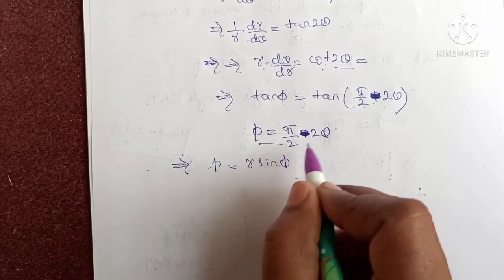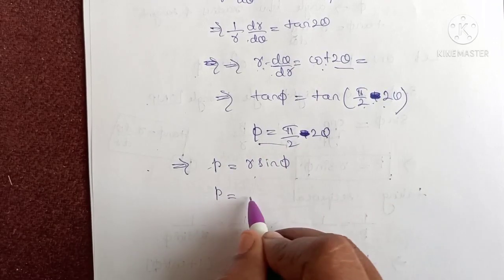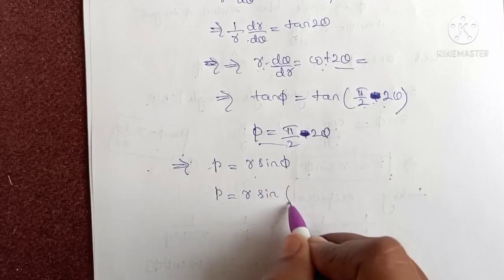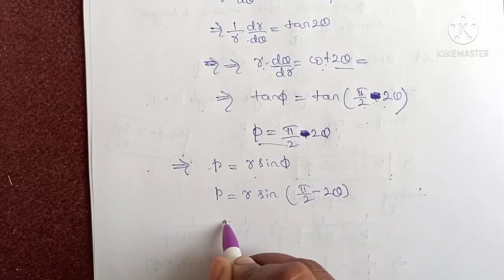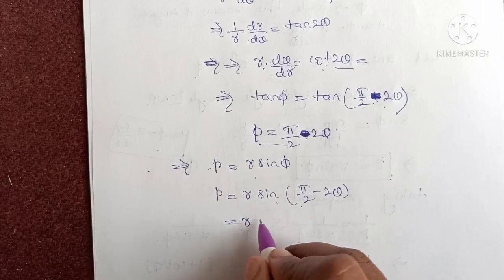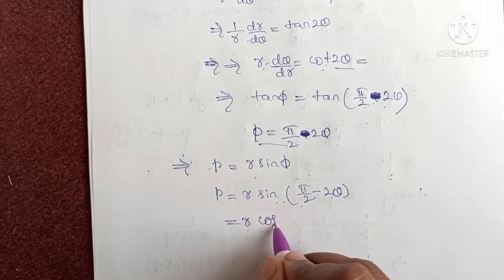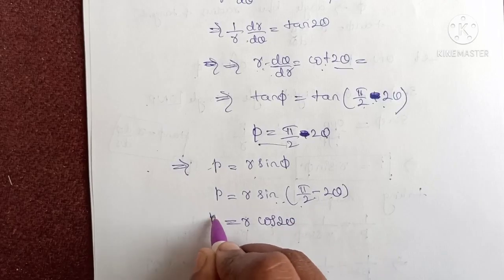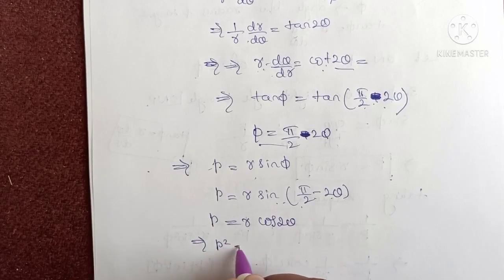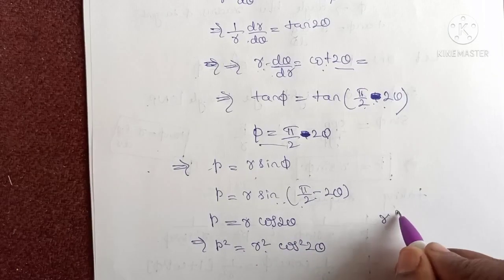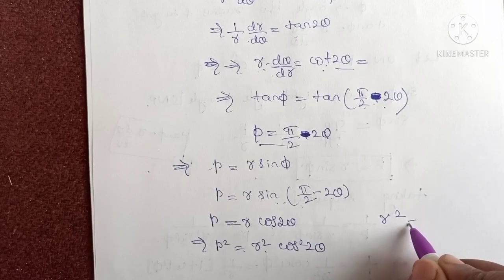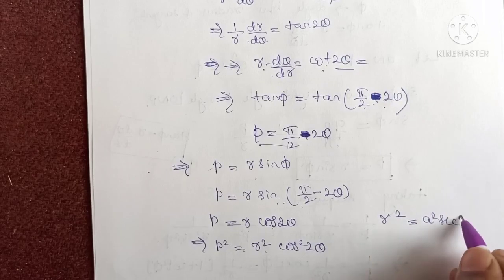Substituting this phi value into this equation, we get p equals r sin of pi by 2 minus 2 theta, which is r into cos of 2 theta. Squaring on both sides, we get p square equals r square into cos square 2 theta. But the given curve is r square equals a square into secant 2 theta.